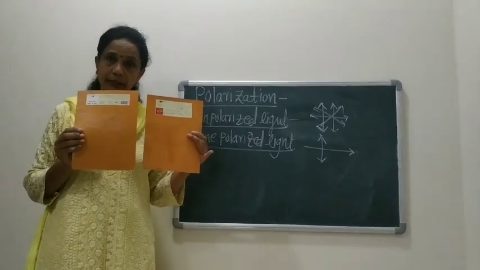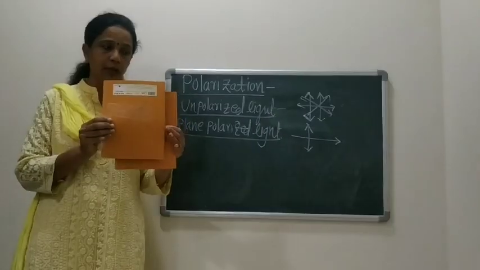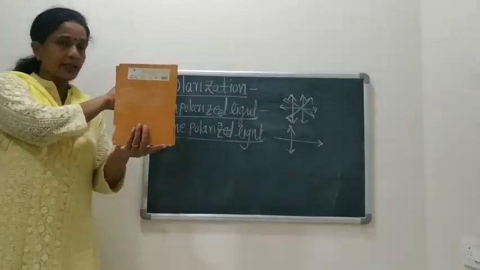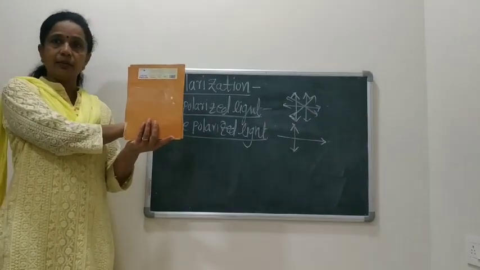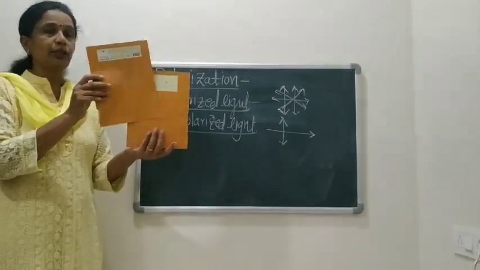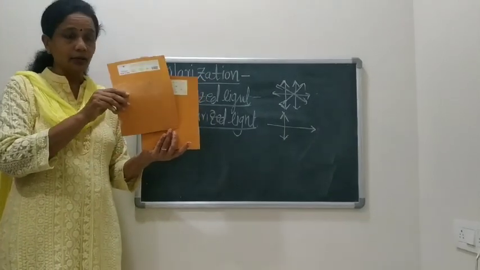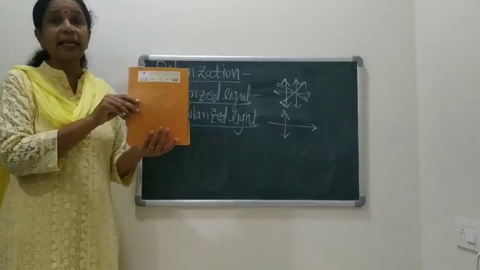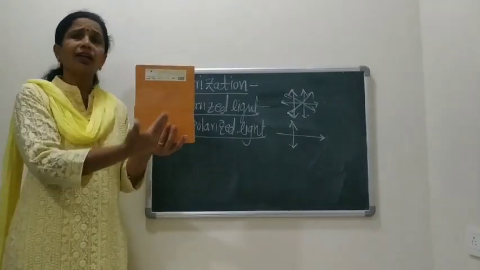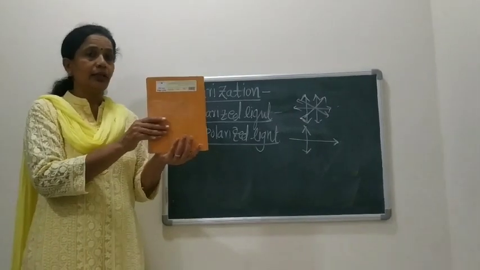Okay, if they are parallel to each other, and behind this there is an unpolarized light, then this unpolarized light incident on the first polarizer converts into plane polarized light. Here we get the restriction of vibrations of the light.